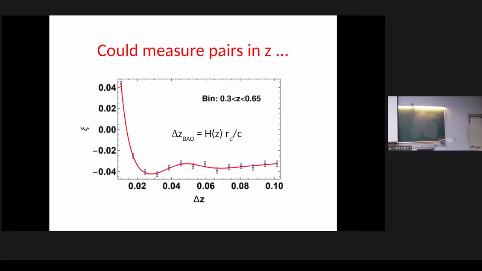And remember, a bin in redshift means circles of different radii, and so circles of different radii means you smear out this thing. And so you need a narrow bin in redshift to get circles of one size, but then you have few galaxies, and so then you have big error bars. And so currently people are trying to play this game, but not much.